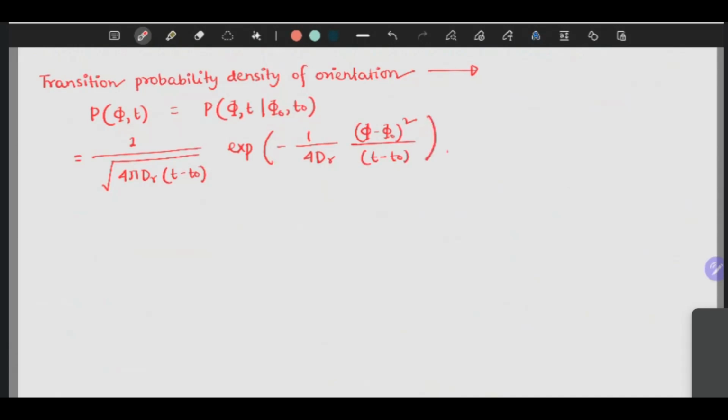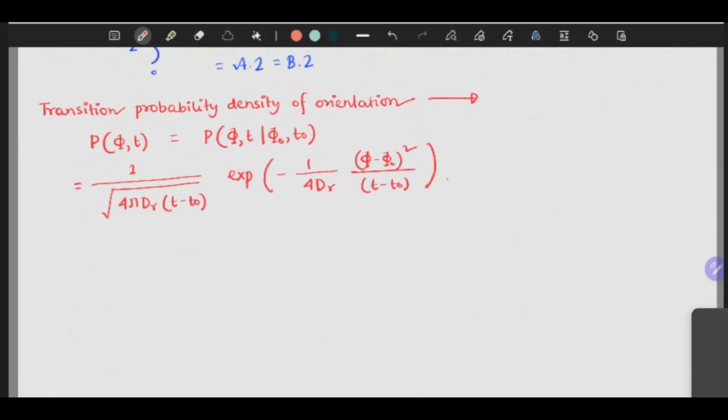So here we have used Dr, small Dr. Like this. You have seen this for Brownian motion, where phi naught was 0, so it was x squared. You have seen this form, e to the power minus 1 by 4 Dr, phi minus phi naught squared by t, also in random flights, right?